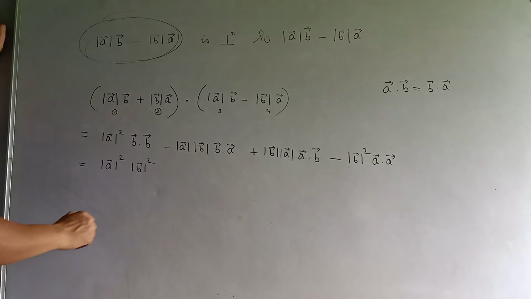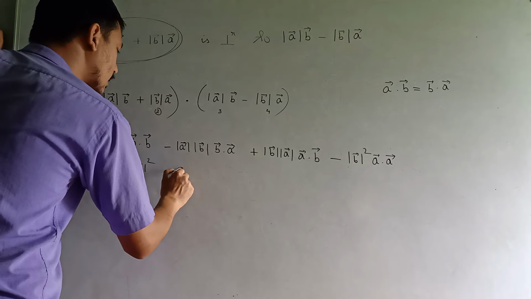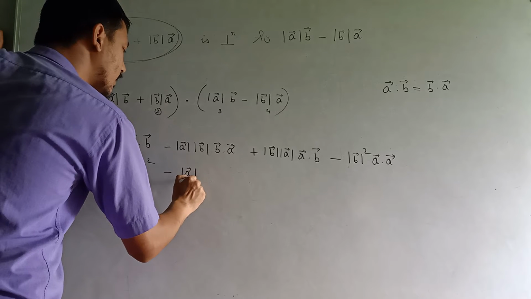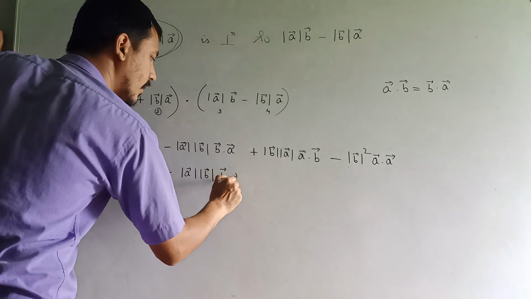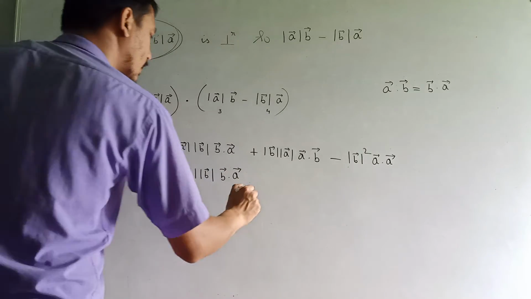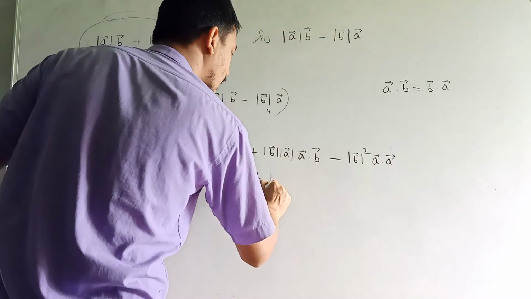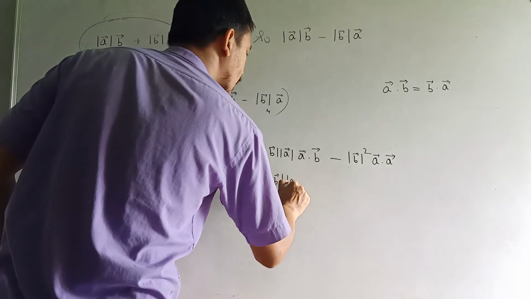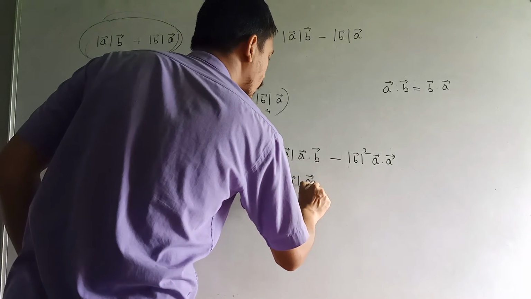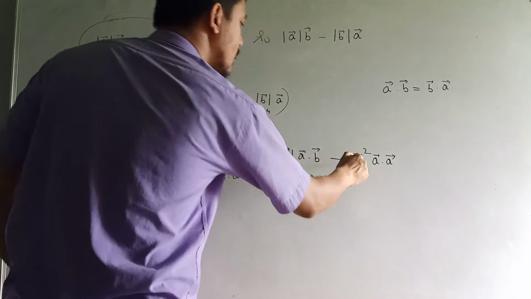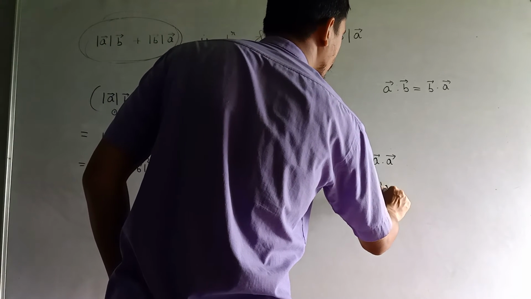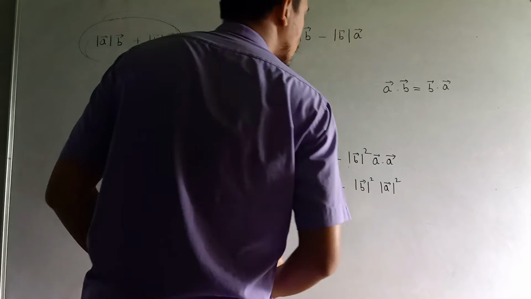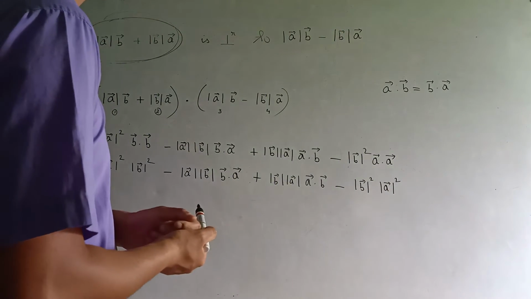Minus, this is vector B and this is vector A, B dot A. This is also vector B, this is vector A, A dot B. Minus magnitude of B square, A dot A, magnitude of A square.